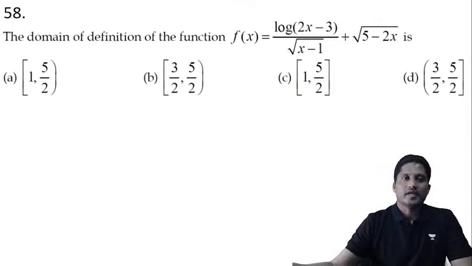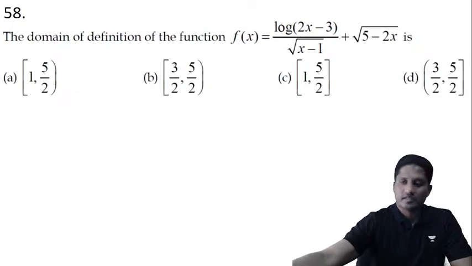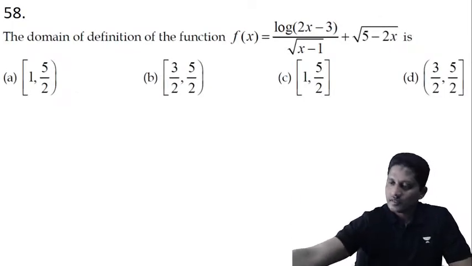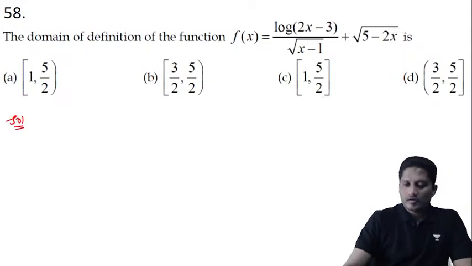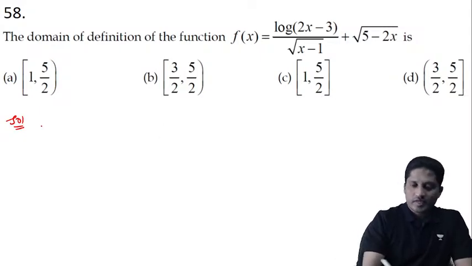Question number 58. I'm supposed to find the domain of this function. Now listen. Root x is defined when x minus 1 should be greater than 0, so x should be strictly greater than 1.